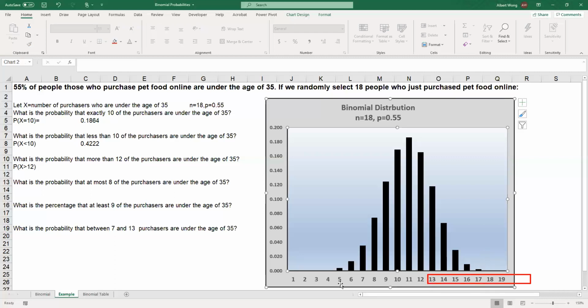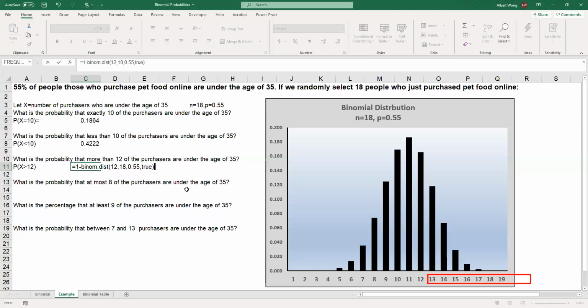So what we can do is calculate 0 to 12, and then 1 minus that, right? So what we'll say is 1 minus binom.dist, 12, 18, 0.55, and 2.